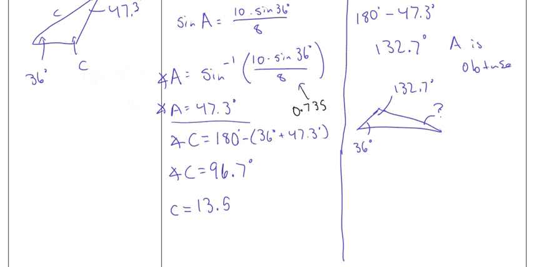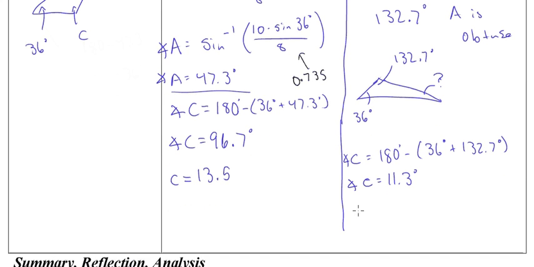Well, angle C is equal to 180 degrees minus 36 degrees plus 132.7 degrees. That gives us angle C should be right around 11.3 degrees. From there, keep on going through, and you should get that side C.